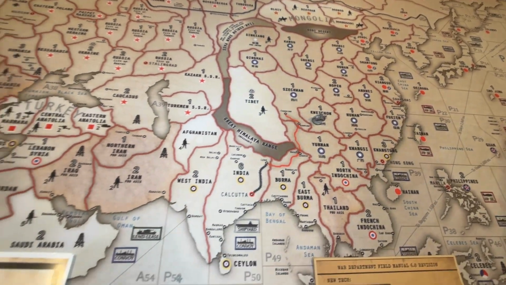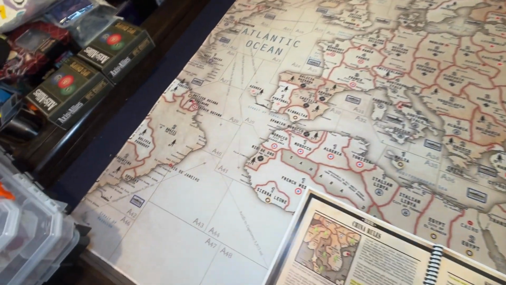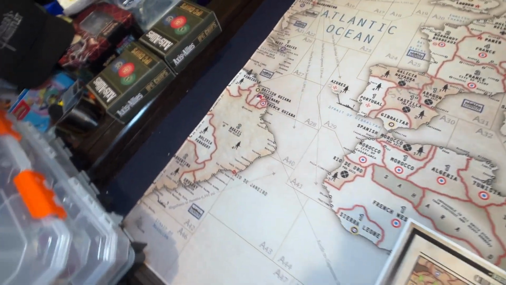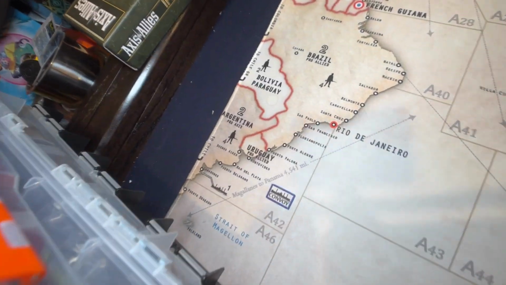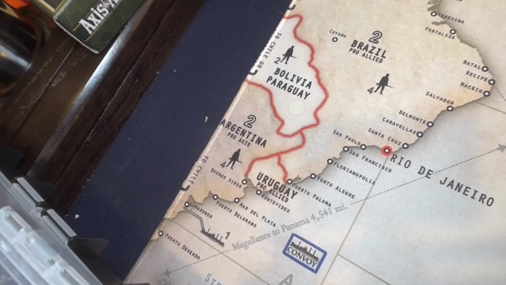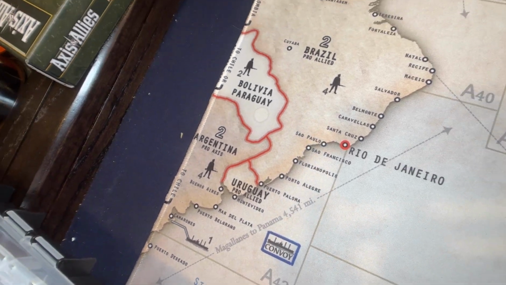Sticking with the smaller territories, there are special rules for Argentina and Chile. We already noted on the board that Argentina, anyway, is listed as a pro-Axis country.